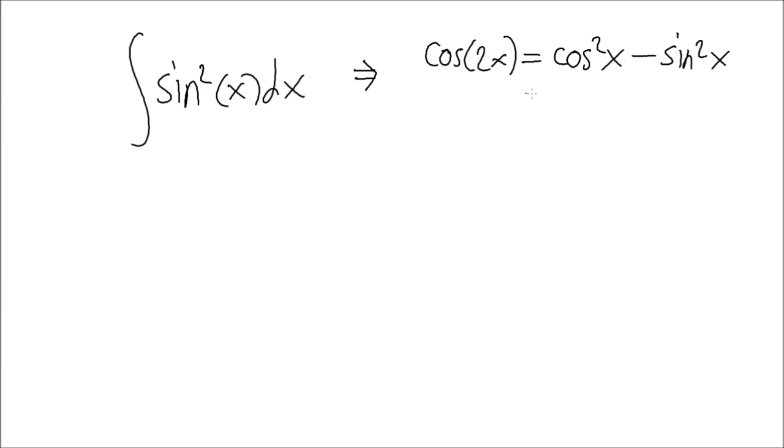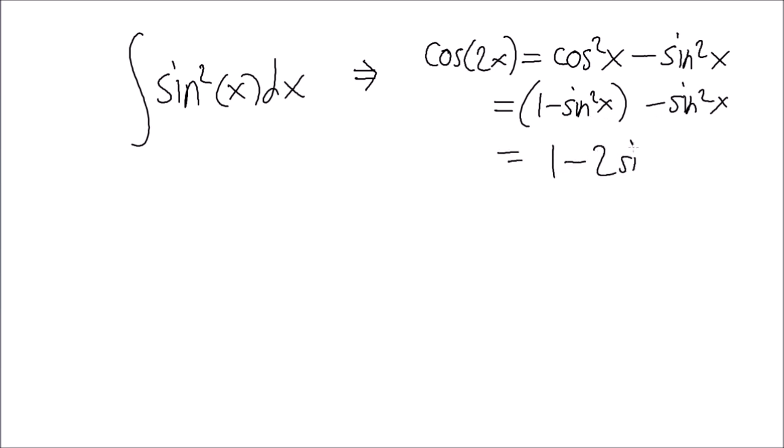And then think about, okay, well, cosine square can turn into 1 minus sine square. And then this would become 1 minus 2 sine square. And then what you do is you solve for sine square.